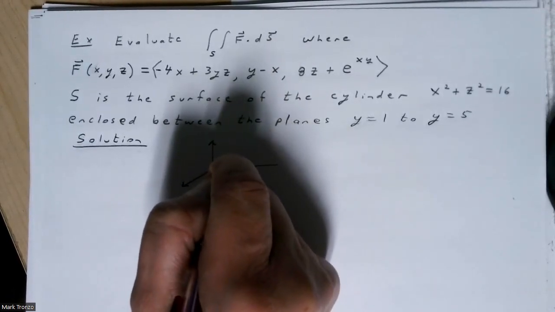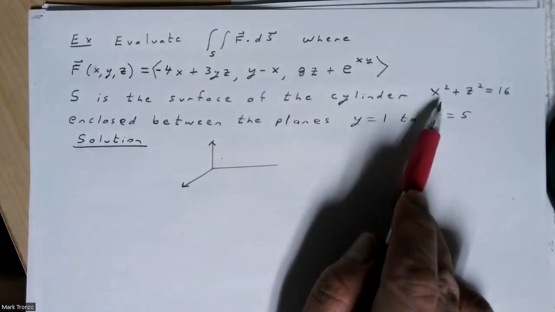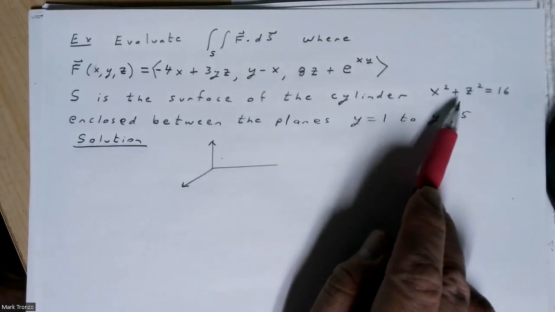And so you'd have this cylinder. You can see it has x squared plus z squared equals 16.